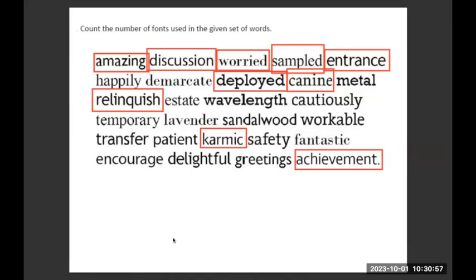Yeah, I'm able to spot these 10, which also happens to be the right one.